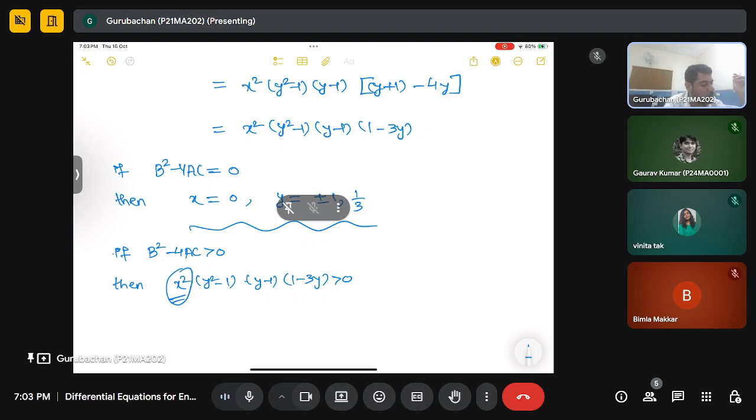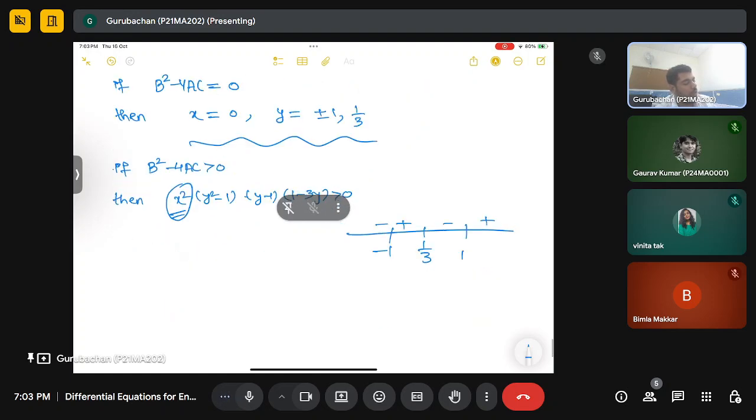So x should be a non-zero quantity. The critical points will be minus 1, 1 by 3 and 1. What you can do is use the sign convention and see wherever it is positive or negative. Before that, we do some smart work so that we don't need to think much.